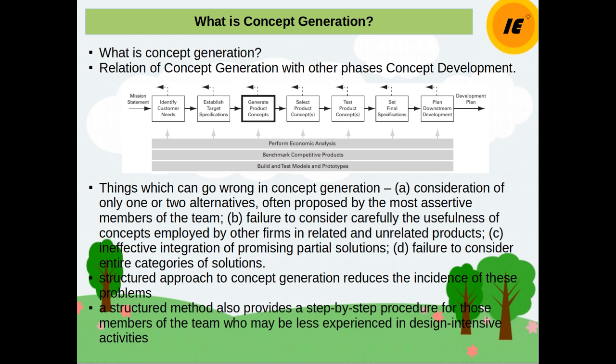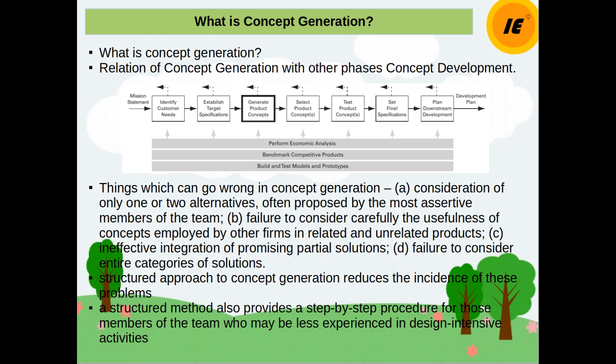Now, what are the things which can go wrong in concept generation and lead to some dysfunctional concept selection, and then basically lead to some weird product, or some product which most probably will eventually be unsuccessful?